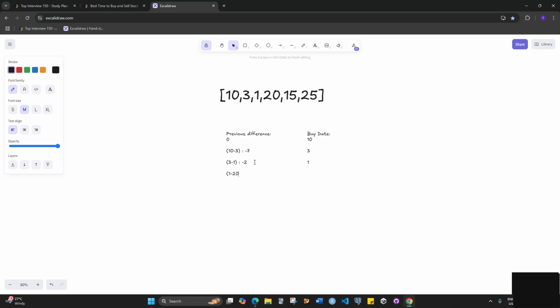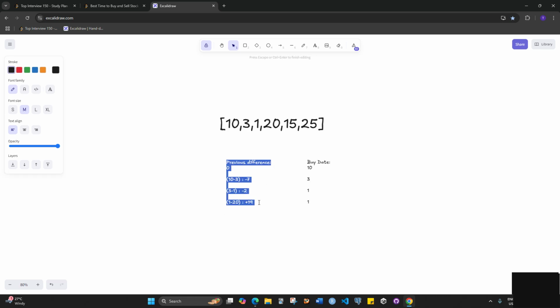Now from 1 to 20, the difference is going to be plus 19. So we just still keep this at 1. Now from 20 to 15, the difference is going to be minus 5.